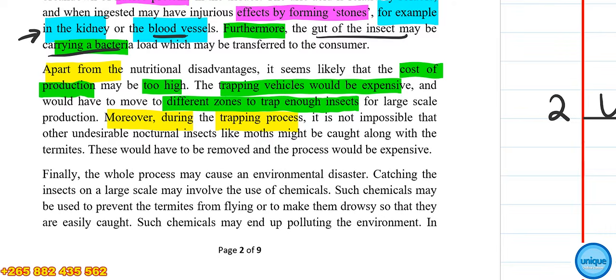So this will have to be removed and the process will be expensive. So the main point is production cost, and the supporting points are that it's expensive: the trapping process, moving to different zones, and the trapping vehicles.